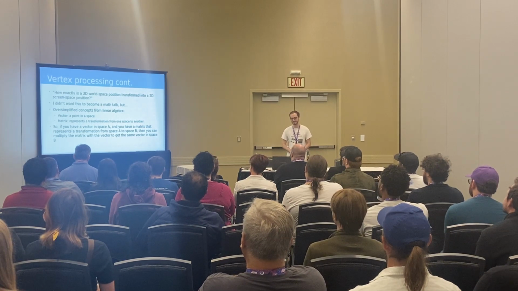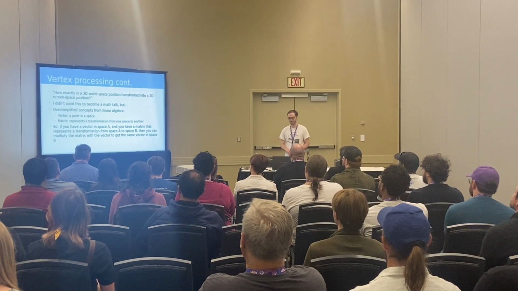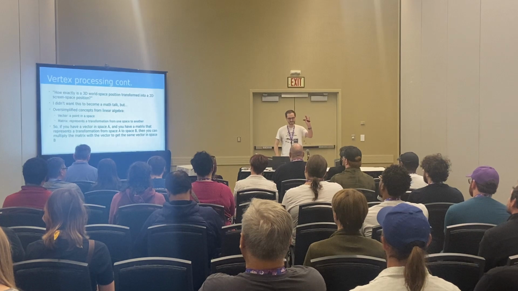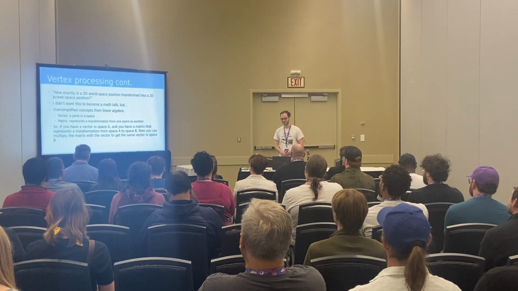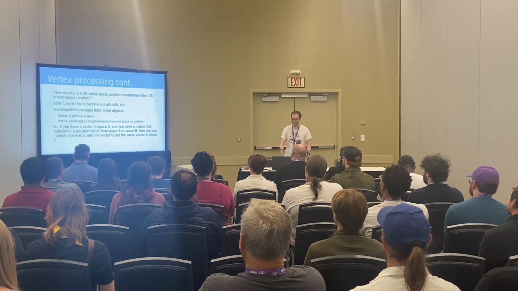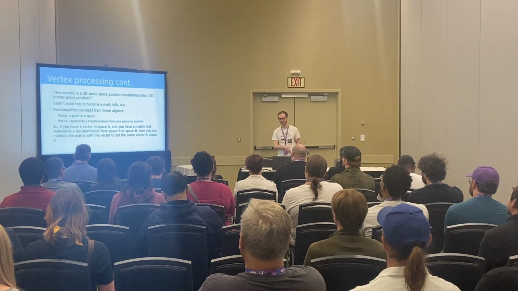The two things you need to know about are vectors, which for our purposes you can just think of as a point in space. That's it. And then a matrix is a mathematical object that represents the ability to transform a vector's coordinate system from one space to another space.